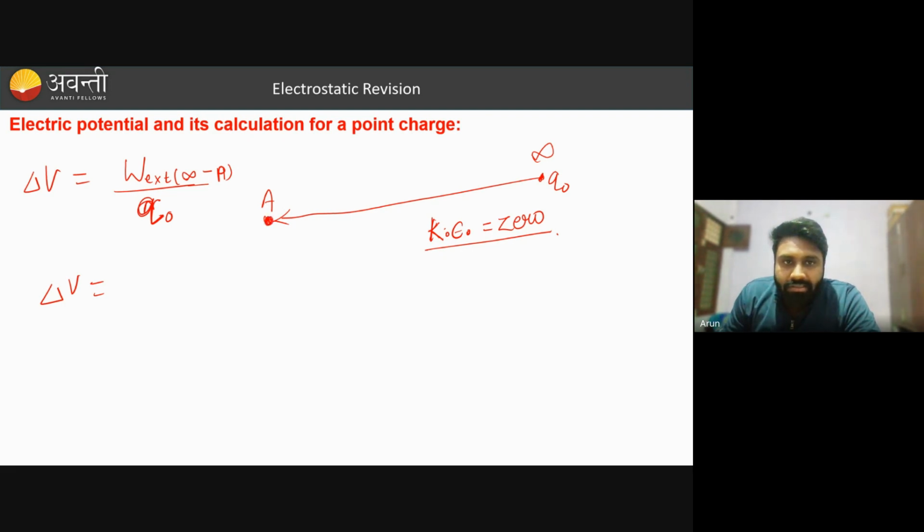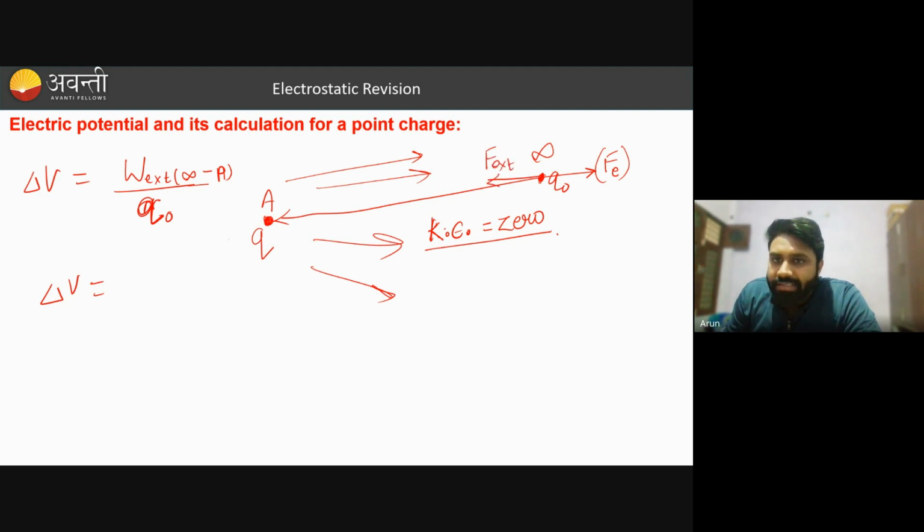This point A is in the electric field of some bigger charge, and we are bringing this charge particle into the field of that charge particle. So there is constantly a force applied on it, which is F electric. So we have done work against this force, and which is exactly equal to F external.